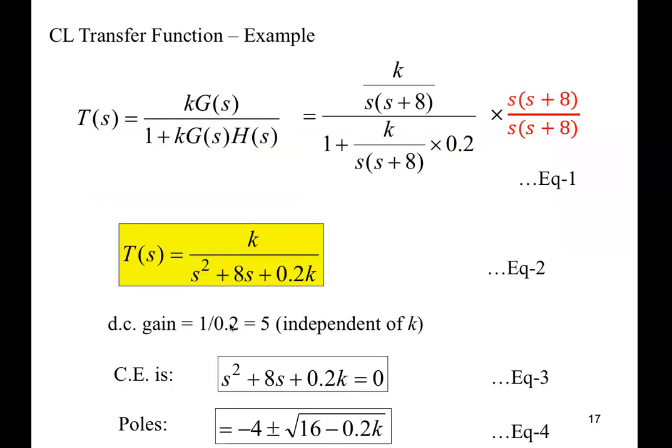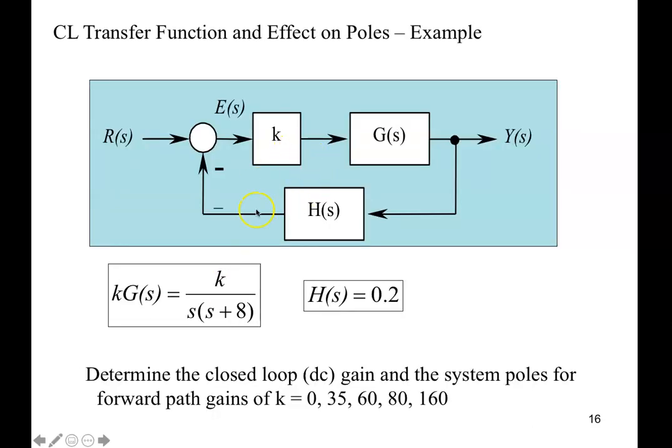So the first step is to derive the transfer function. Now we remember the second method I introduced for deriving the closed loop transfer function. This time, I'm trying to derive the transfer function between the overall input R(s) and the output Y(s). In the numerator, it will be the product of all transfer functions in the forward path.